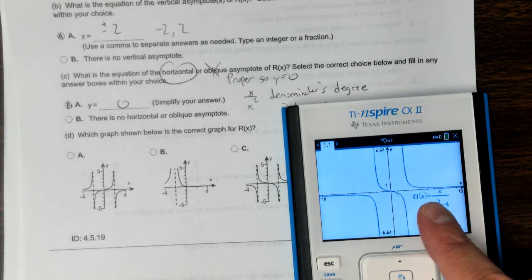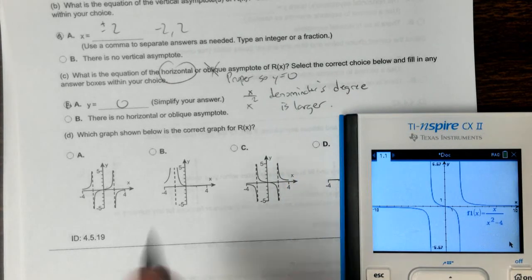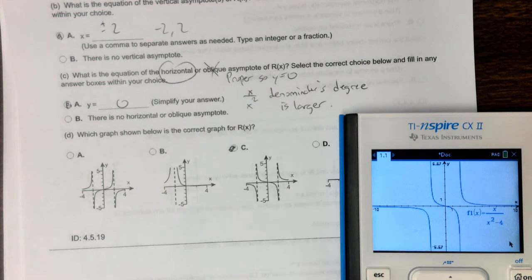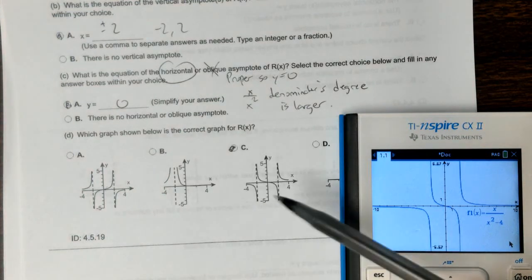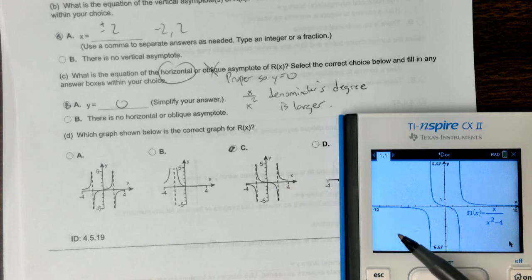So that's the C graph. And again, if you wanted to, you could change your window to be exactly what theirs was, like negative 4 to 4. That's why this part is so long, because this goes to negative 10 and so forth.